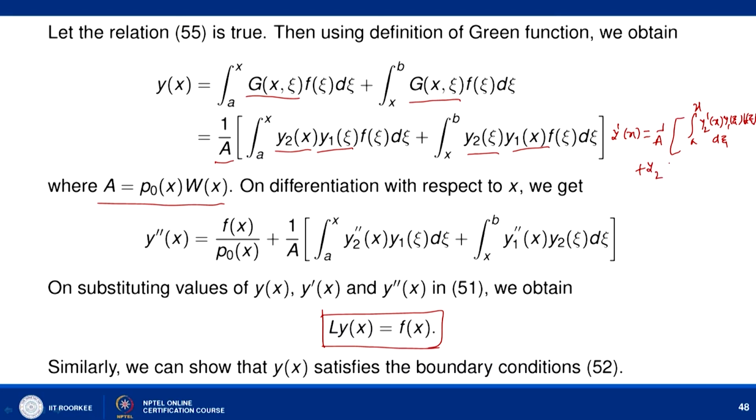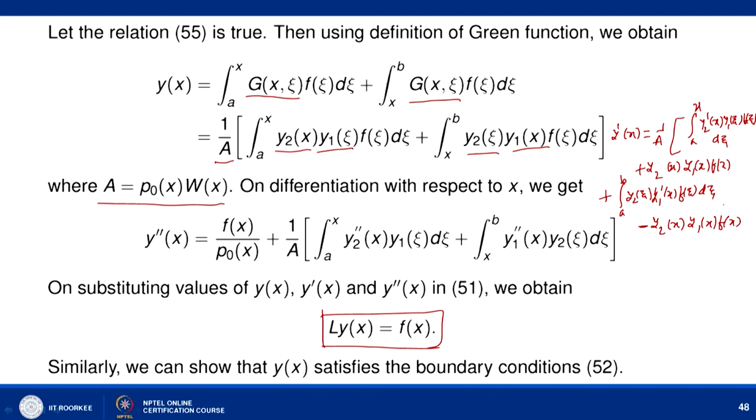So, it is y2(x) y1(x) f(x), plus, when you integrate this, a to b y2(ξ) y1'(x) f(ξ) dξ minus, now it is in the lower limit, so it is minus y2(x) y1(x) f(x), that is all.